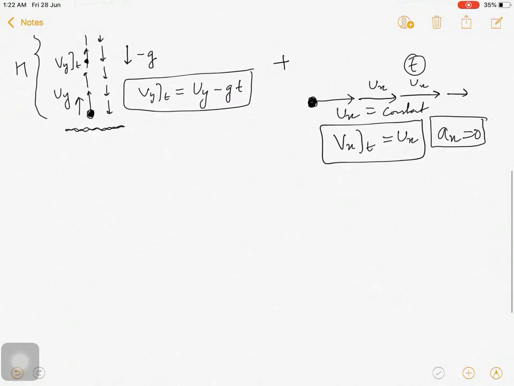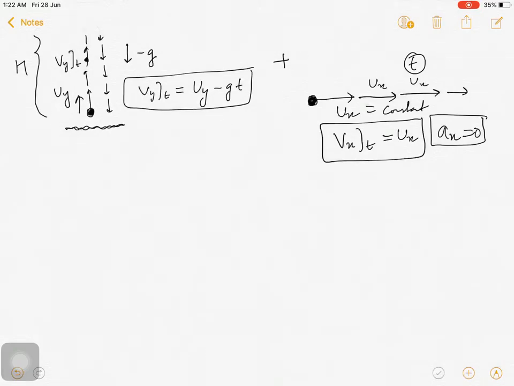Now, what is the trajectory of the football? This football wants to move up continuously due to the initial velocity uy, but due to the initial horizontal velocity ux, it will move in x direction. So this leads to this path.